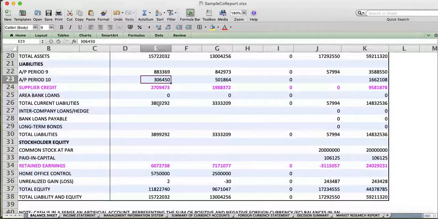This line is also important because it is part of the calculation of the possible bank loan that you would be allowed to obtain.